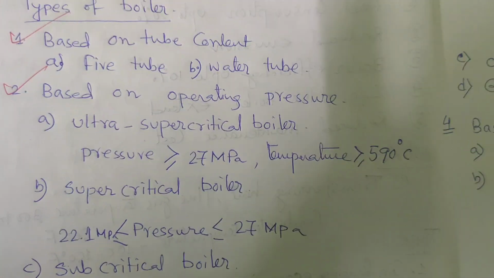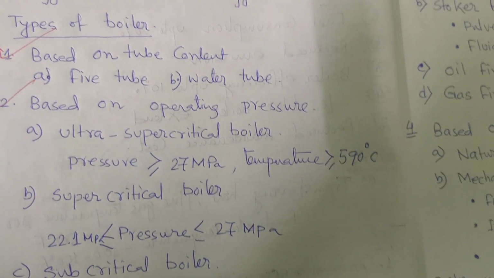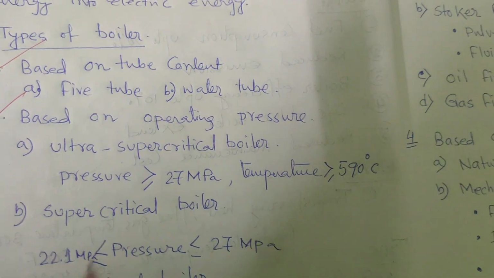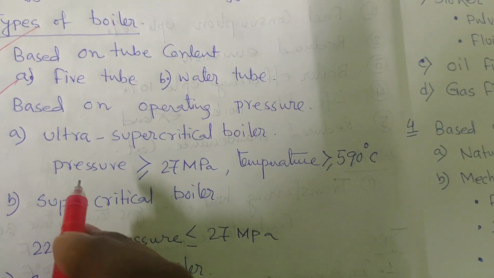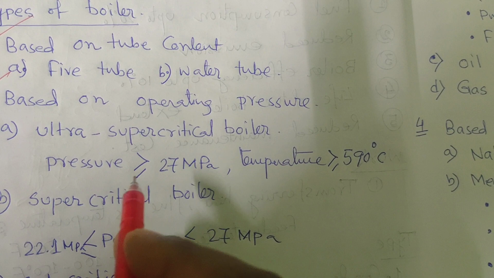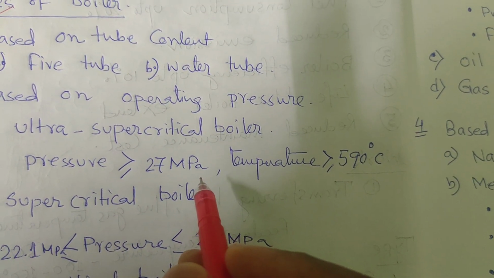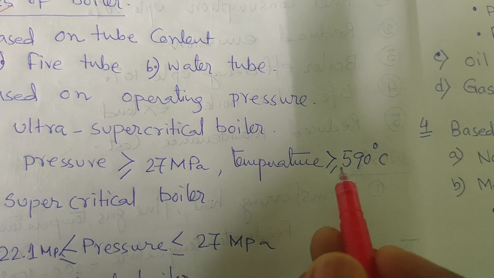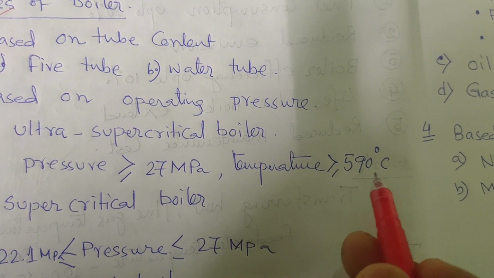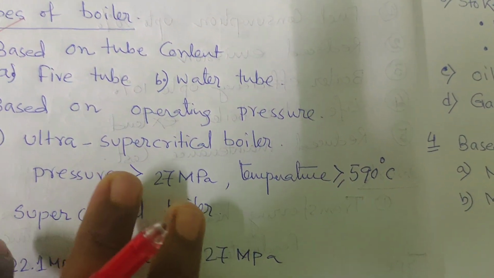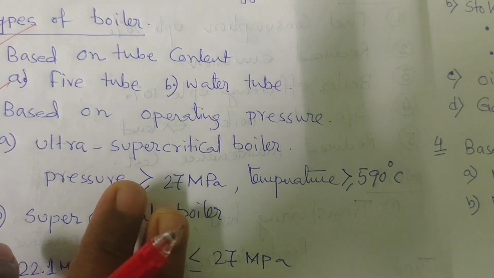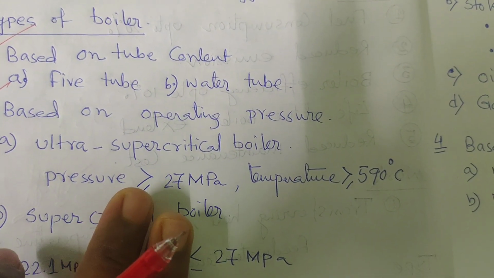So we discuss first the ultra supercritical boiler. When the pressure inside the boiler is greater than or equal to 27 megapascal and the temperature is greater than or equal to 590 degrees Celsius, the boiler will be an ultra supercritical boiler.